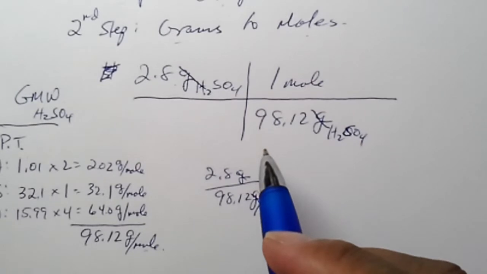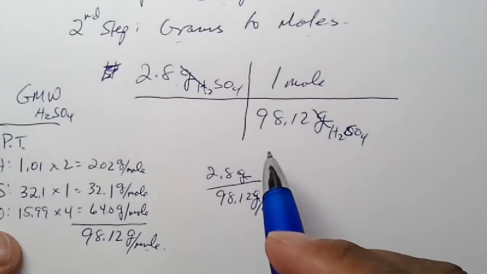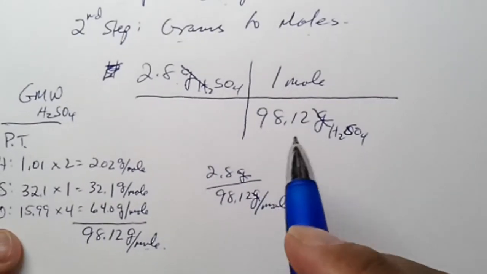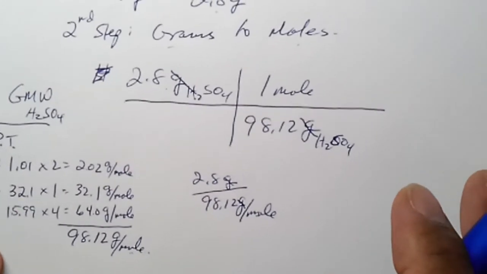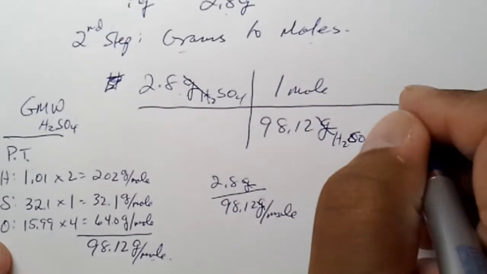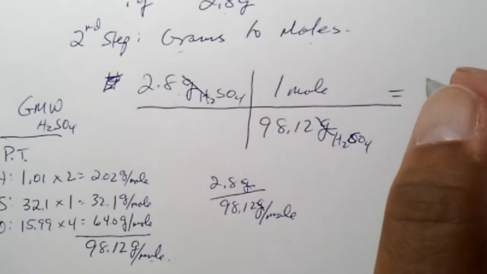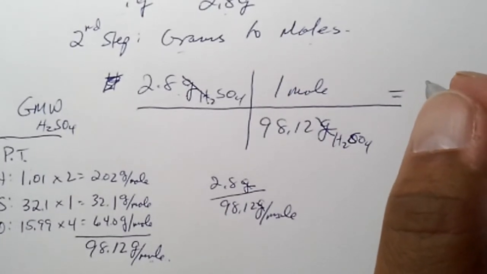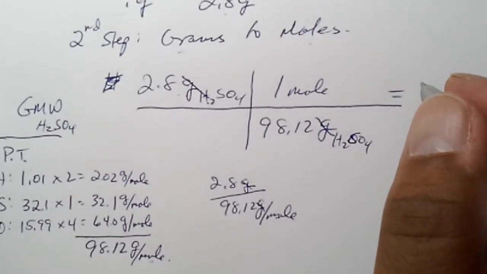Alright, so if we did this math, what would we get? Let me use a calculator here.